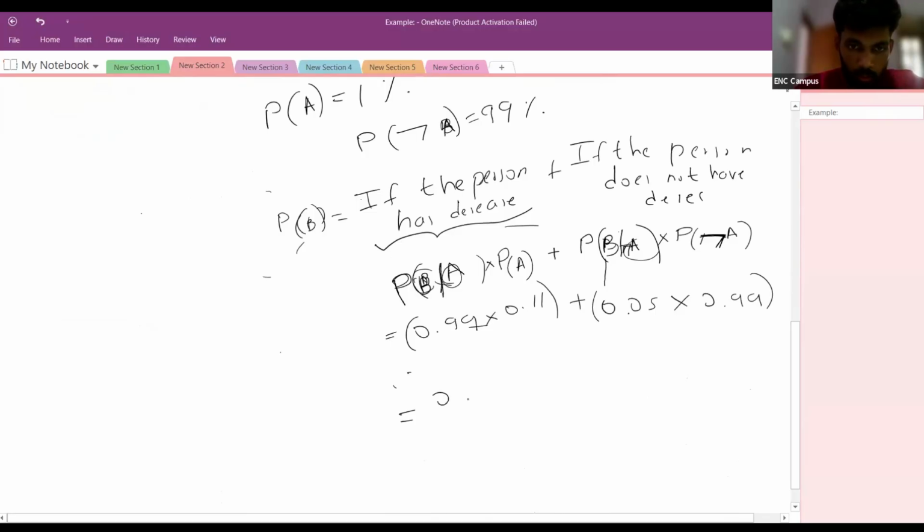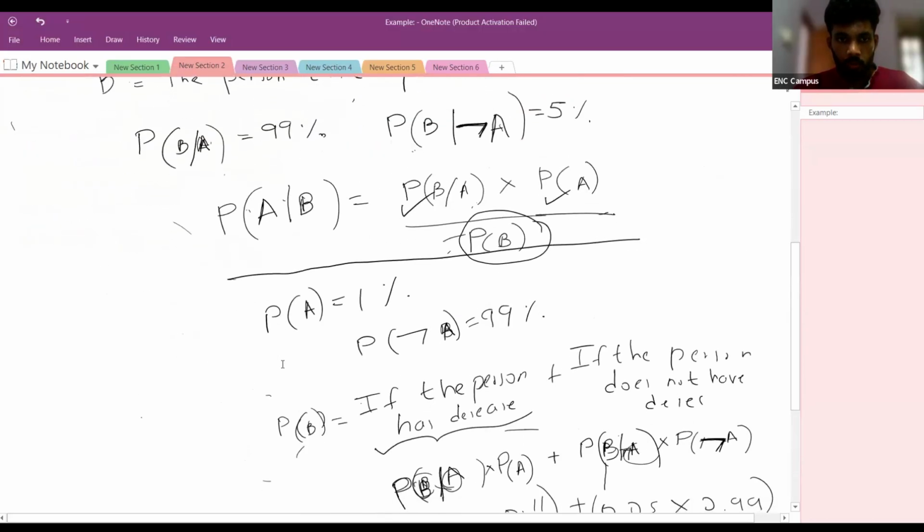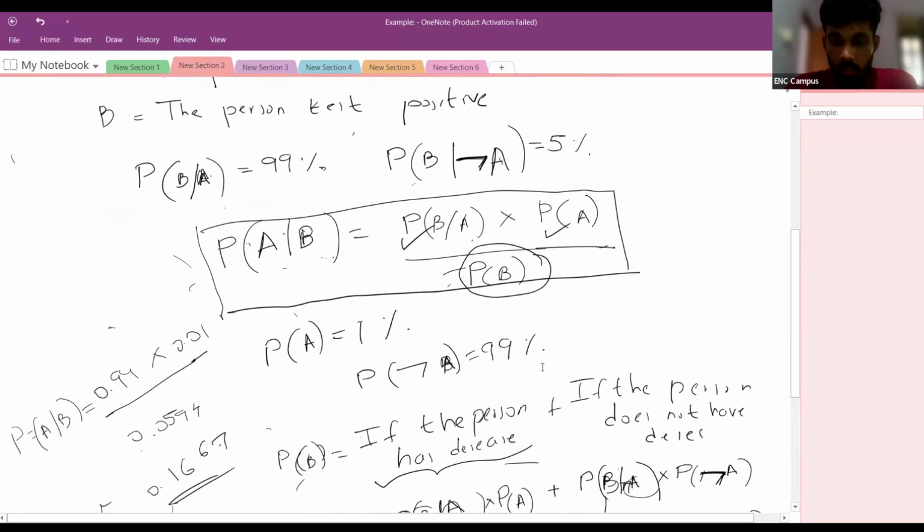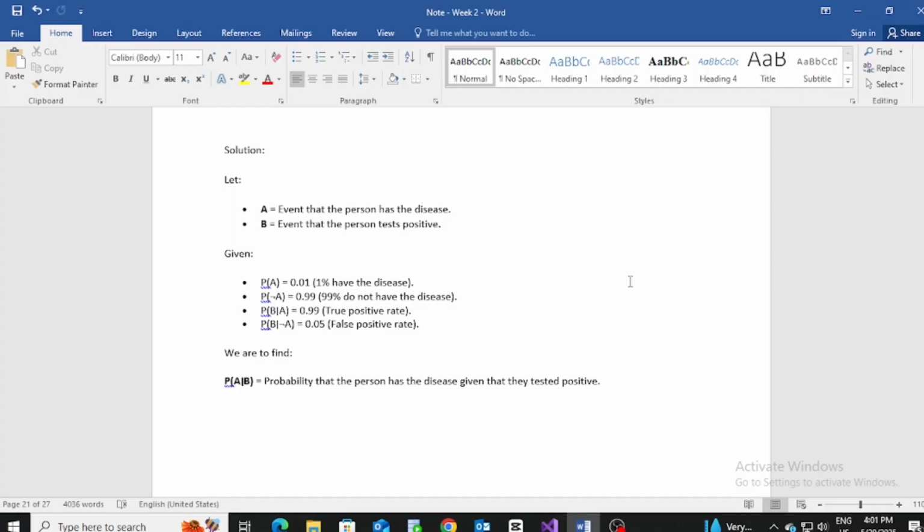The answer will be like 0.0594, 0.94. Then we can calculate this. We can calculate probability of A, that means the probability of actually having the disease given that the test is positive.